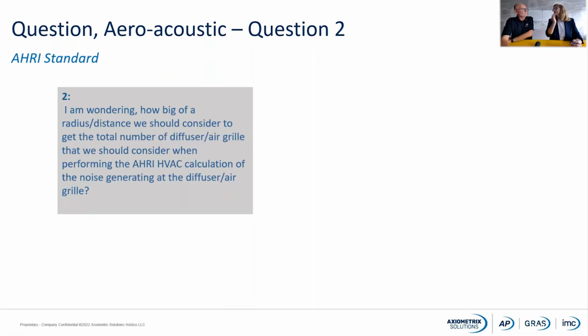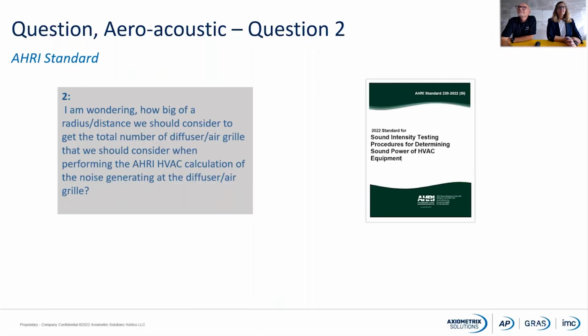And then the second question, yes. This is a question for air conditioning systems. So let's have a look at that one. It is a question where we are working according to a standard, the AHRI standard.